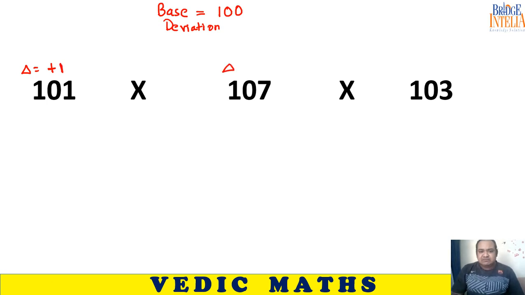Similarly here the deviation would be plus 7, because you can also find the deviation by subtracting the base from the number, and you will get either a positive or negative answer. So don't ignore the sign. Sign is very critical in finding the correct answer. If the plus sign is there, write plus. So plus 1, plus 7. Similarly, here the deviation would be plus 3.